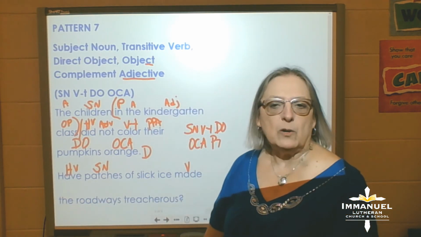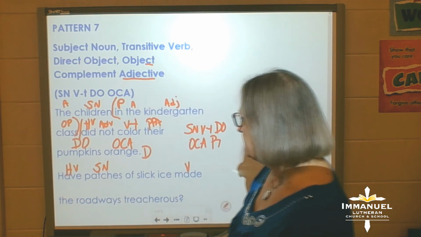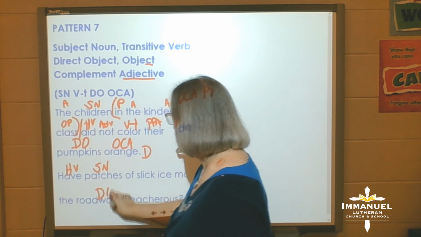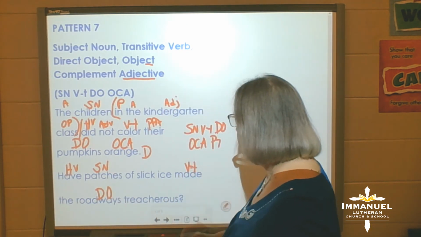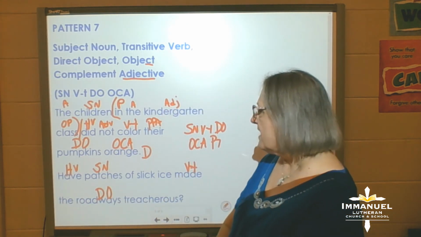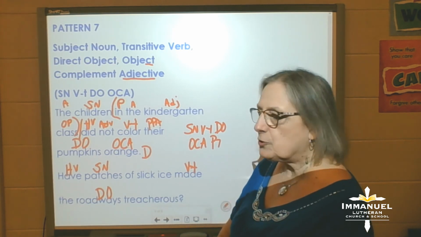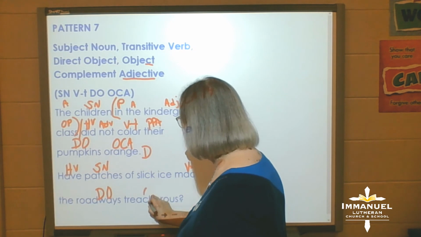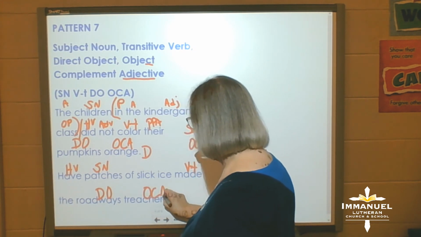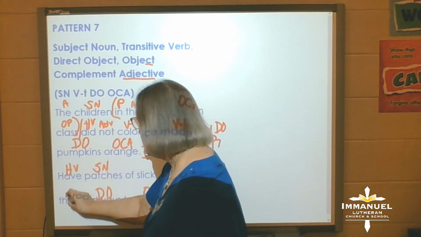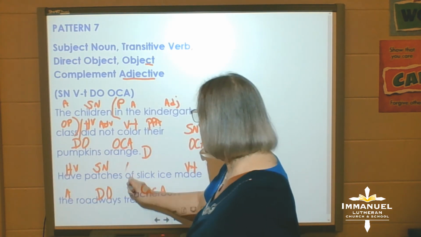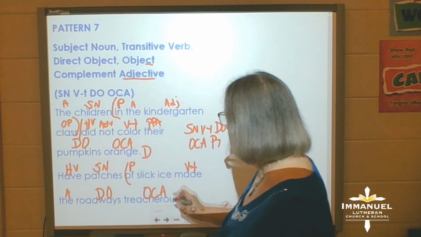Patches have made what? Roadways. Direct object, verb transitive. Patches have made roadways what? Treacherous. Treacherous describes the roadways. Object complement adjective. The, article adjective. Of, preposition. Of what?